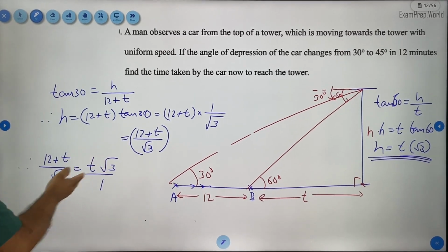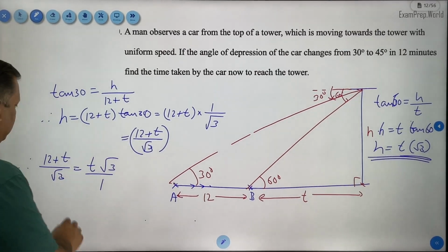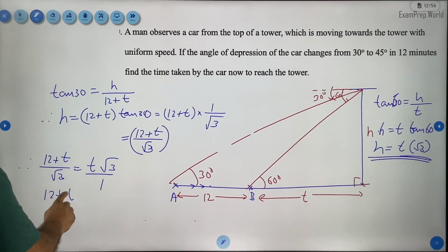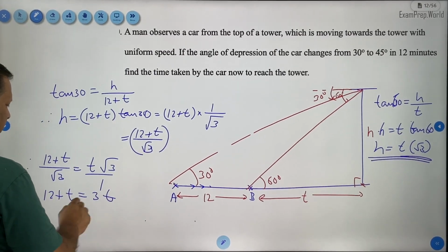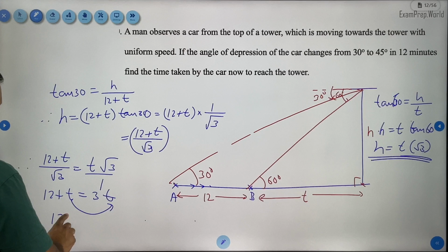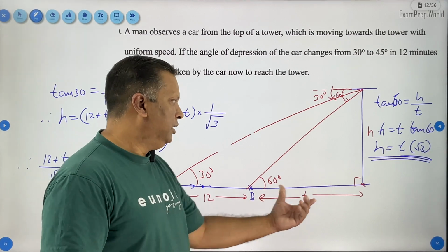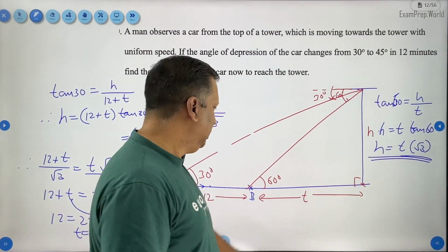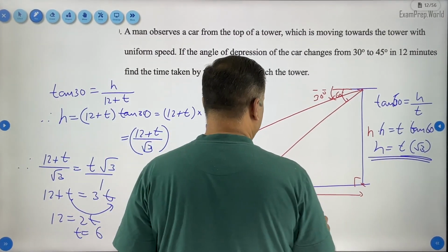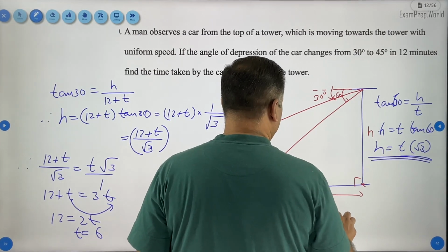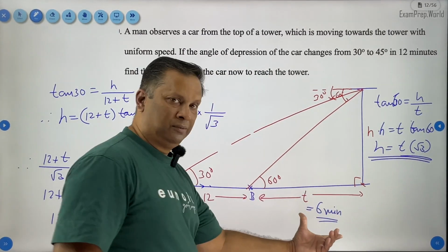Cross multiply, root 3 times root 3 is 3. 12 plus t equals 3t. Take this t here. 12 equals 2t, t equals 6. Therefore, from B to the foot of the tower, it will take another 6 minutes. So our answer is this.